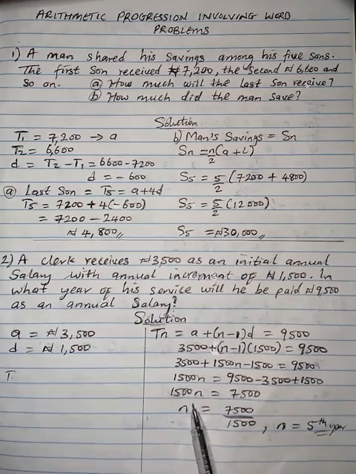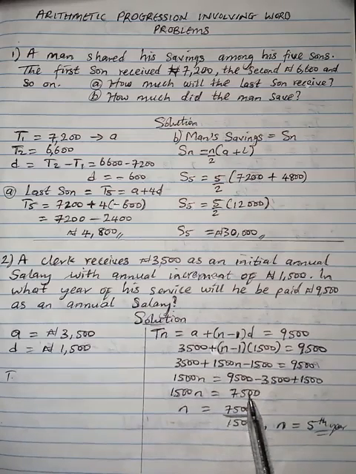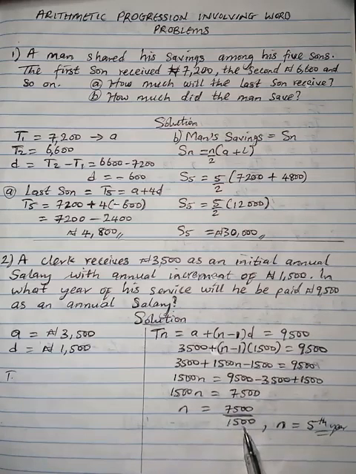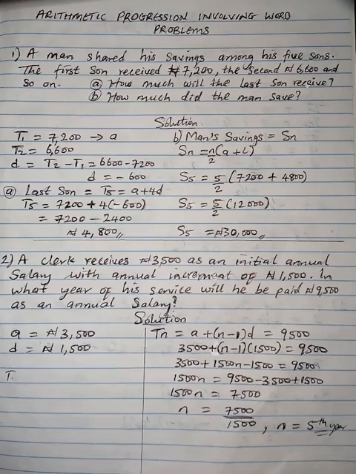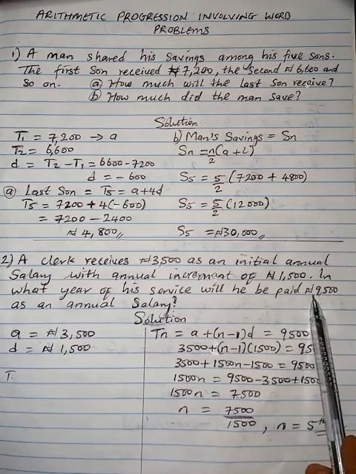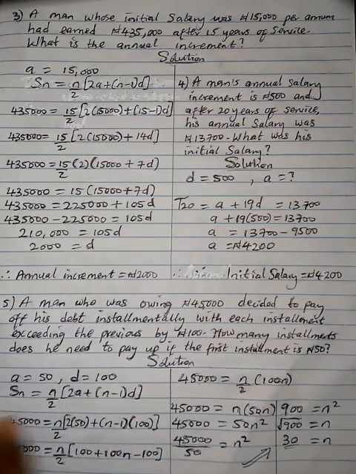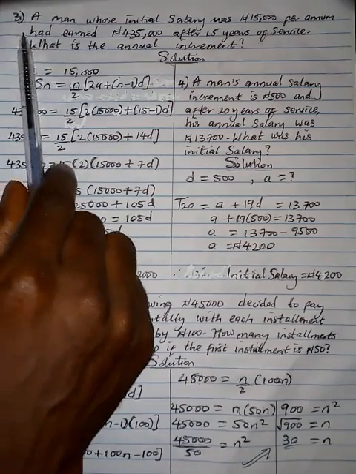If I divide here by 1,500, the 1,500 will cancel 1,500, and n will be left alone, equals this one also divided by the same 1,500. Our n will be equal to 5. This divided by this will give me 5. That means it is in the 5th year that the salary will amount to 9,500 naira. Now, looking at this, we have the third question here.